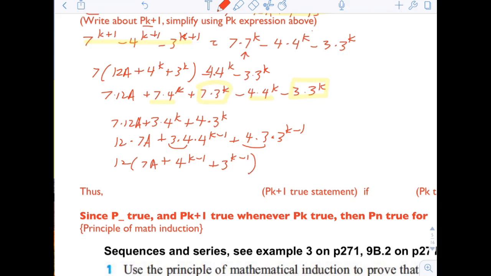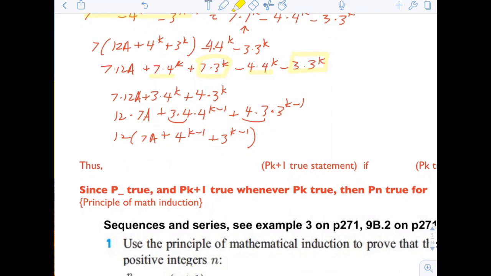So all I need to do now is figure out if this yellow part here is an integer. If it is, then I have proven that it's divisible by 12. Well, we know that a is an integer, so 7a is an integer. What about 4 to the k minus 1? Well, if it was 4 to the k, for sure that would be an integer because k is a positive integer. What about k minus 1?